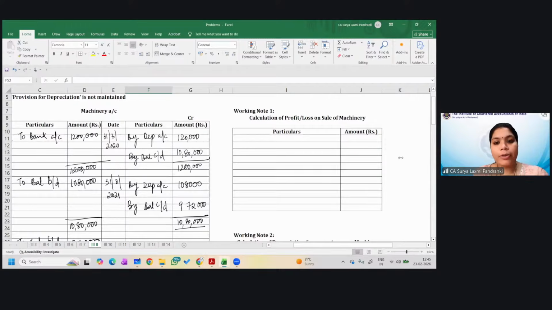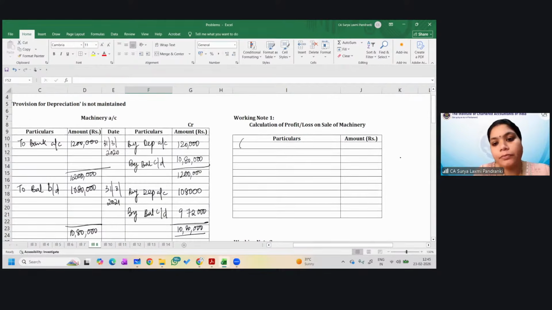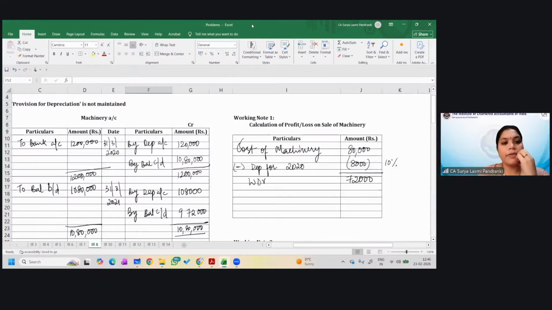So, for that, we are going to do the working note. What is the cost of the machinery which is being sold? They told only 80,000 part of the machinery is being sold. So, I'm taking that minus depreciation for 2020 was how much? If you take 10% on this, it will be 8,000. Then WDV will be 72,000 if I'm not wrong. Yes or no? 72,000?